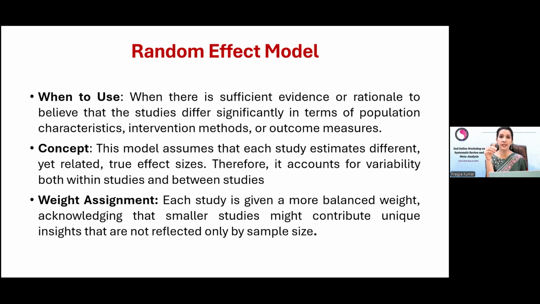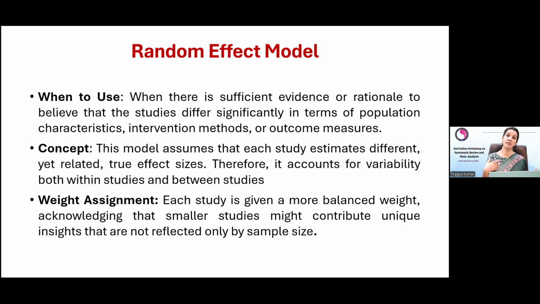Now coming to the random effect model. The random effect model is used when there is sufficient evidence. When you do your systematic review and look at the studies included in the final synthesis, you see, as you just saw, so much geographical difference: studies from Australia, India, Turkey. The populations are quite heterogeneous.